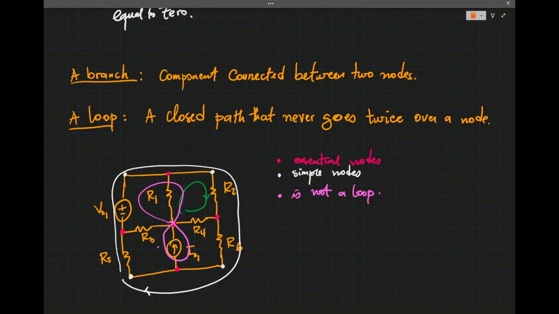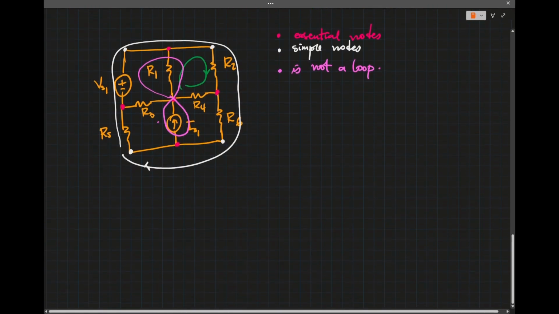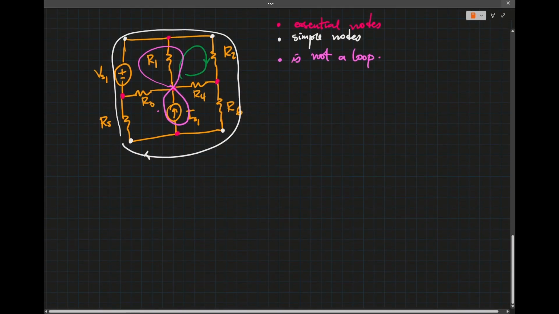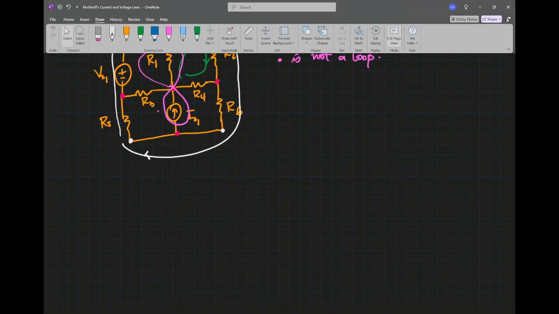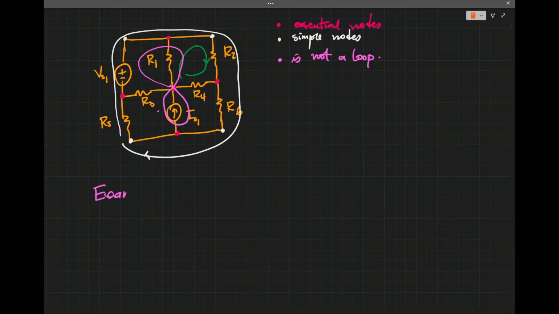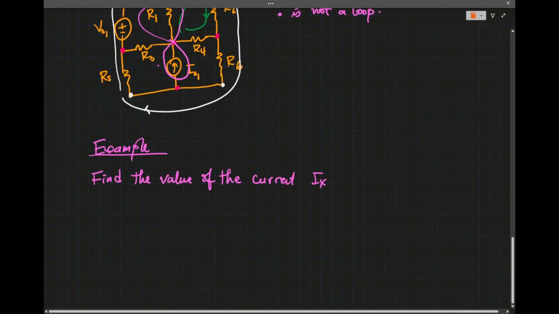Okay, so now that we have these definitions, let's do an example of finding some current using Kirchhoff's current law. So let's do an example. Find the value of the current Ix.